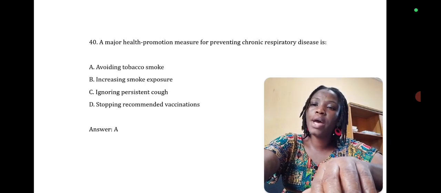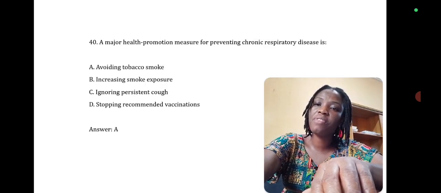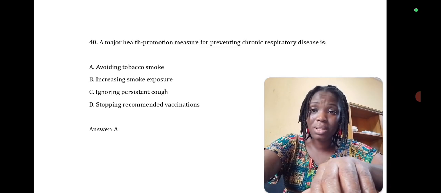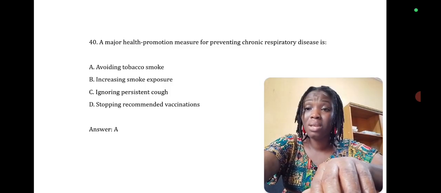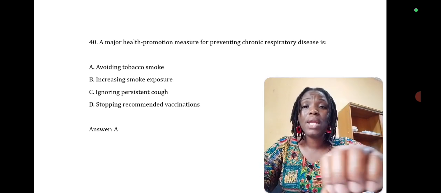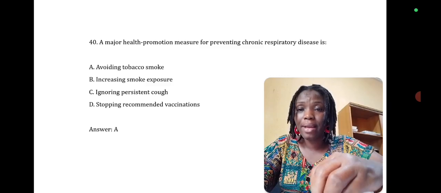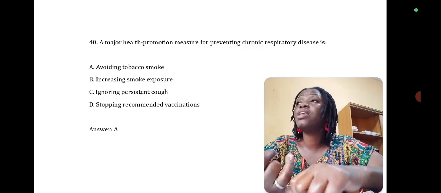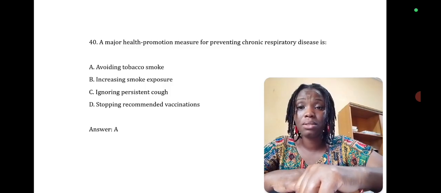Number 40. They say the major health promotion measure for preventing chronic respiratory disease is what? One of the preventive measures is to prevent smoking. Anything concerning respiratory, prevent smoking. Also avoid staying in places where they are always burning things.